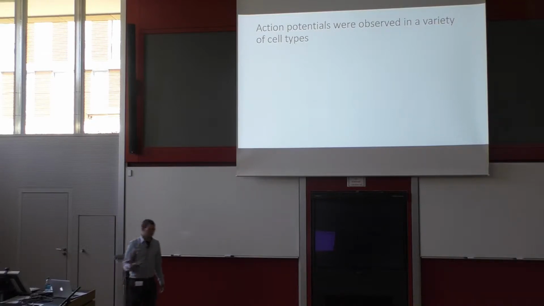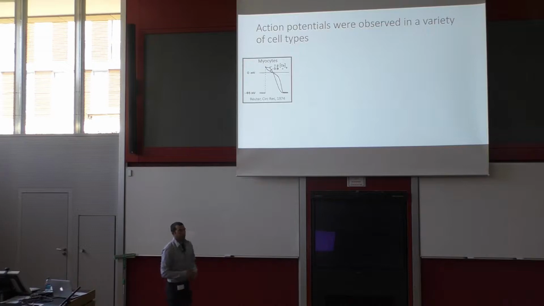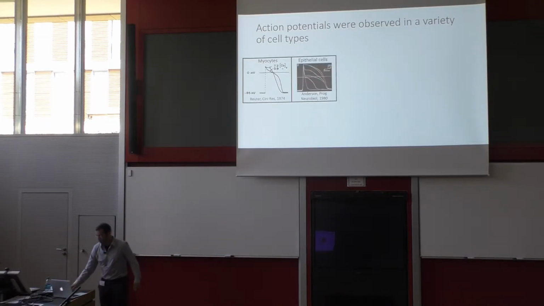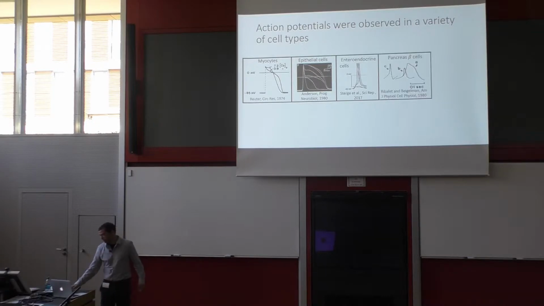I would like to say one more thing about action potentials. When I started to read the classical textbooks on action potentials, my impression was that these are pulses which exist only in specialized cells, only in neurons. No, not only neurons, because I also read that you find action potentials in muscle cells, but I was later surprised to learn that action potentials actually exist in many other types of cells, including epithelial cells, enteroendocrine cells, pancreas beta cells, and glia cells.